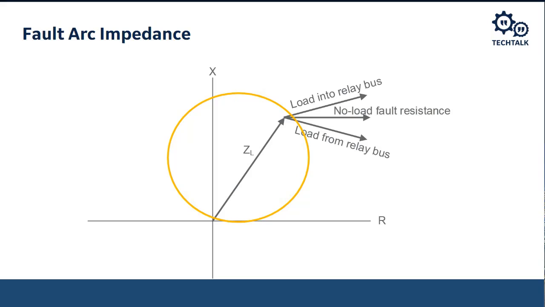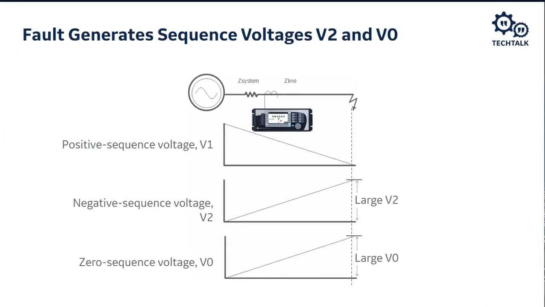The conundrum that we get, though, is remember what generates the voltages, right? Our positive sequence voltage is generated by the source in that positive sequence network. That means that our positive sequence voltage is going to be the largest at the source.